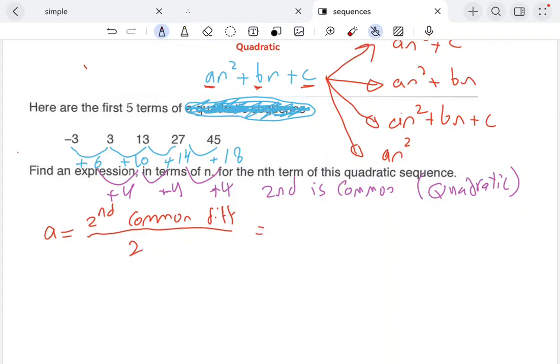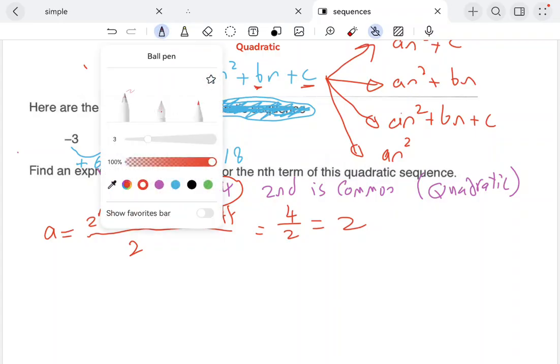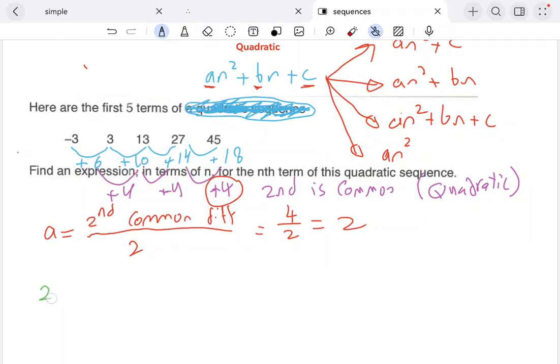What is the second common difference here? It's 4. Divided by 2 is going to be 2. So I know now that my nth term will be 2n squared.